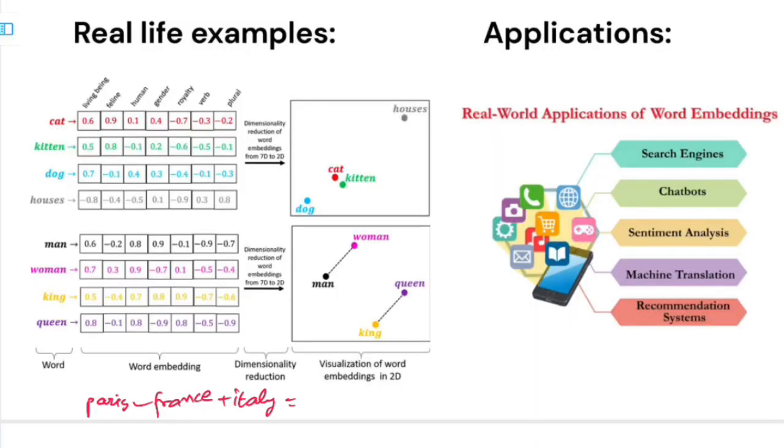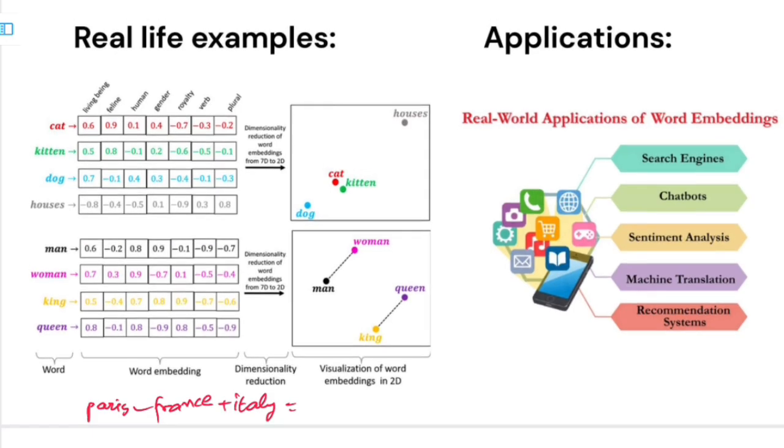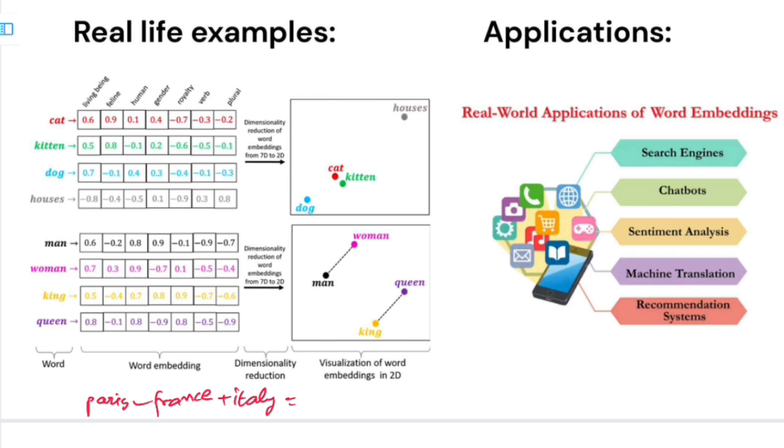Now let's look at real-life examples and the applications of these models discussed in this paper. On the left side, you can see the actual word embeddings. These are just vectors of numbers representing words like cat, kitten, dog, and houses. These are the real vector embeddings. Individually these numbers don't mean much to us, but what matters is how the vectors relate to each other. When we reduce this high-dimensional vector into 2D, something very interesting happens.